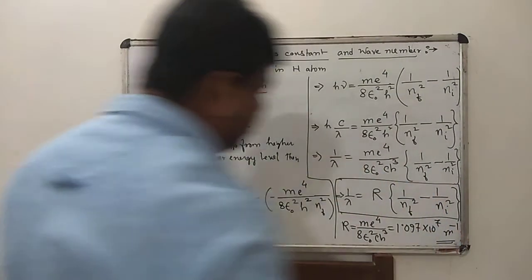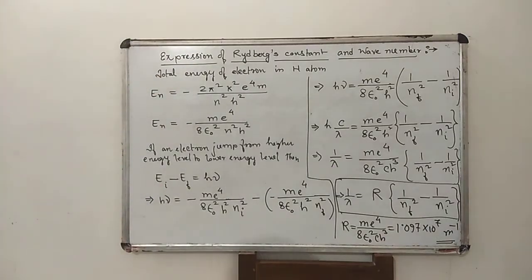So this is known as the Rydberg constant.